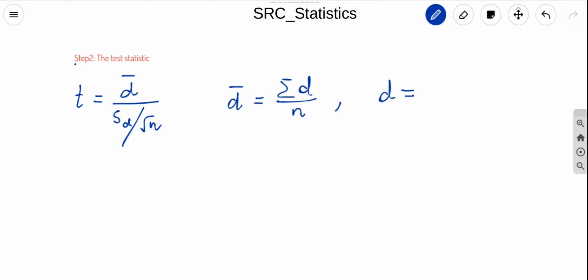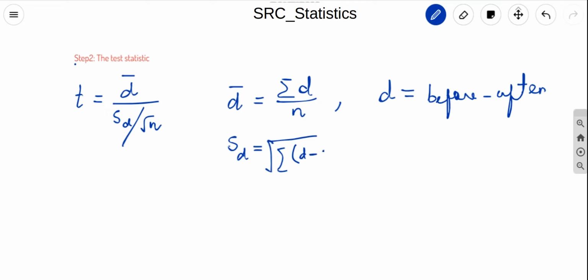What is d? d is the difference between the two scores, before and after. SD is the standard deviation given by the formula: under square root, summation of d minus d bar whole squared, divided by n minus 1.